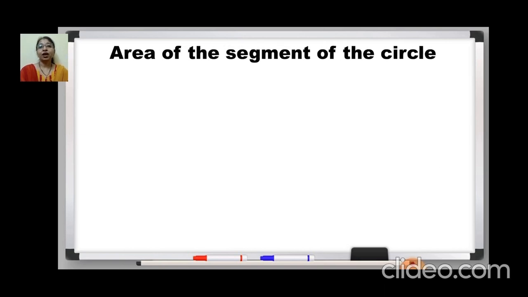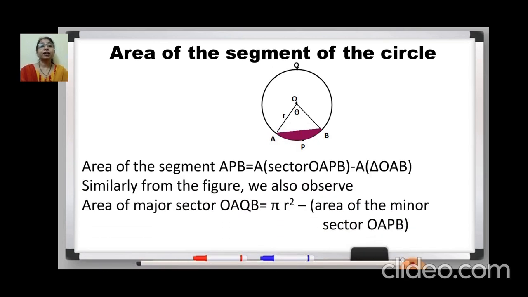Now how to find the area of the segment of the circle? So there is no direct formula for finding the segment in your syllabus, right? So how will we calculate area of this shaded region? This shaded region is nothing but the minor segment, and if I want to find the area of this shaded portion, what will I do? I will calculate the area of this sector first, OAPB.